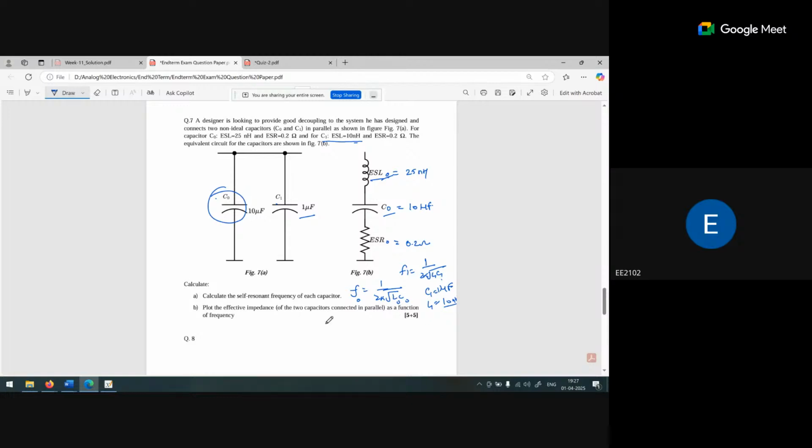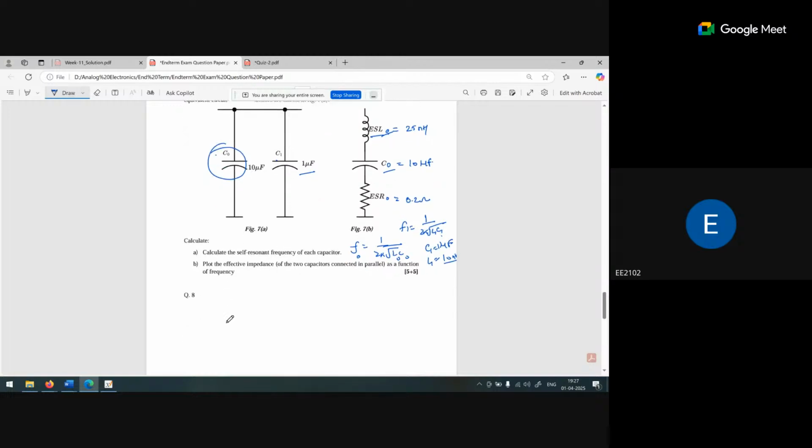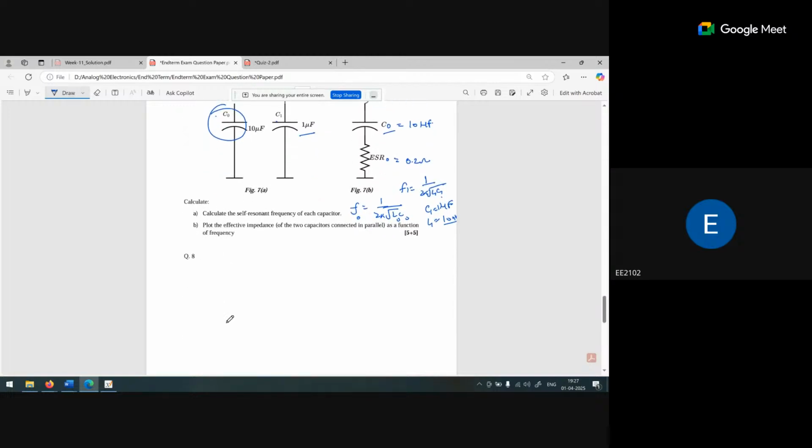Now plot the effective resonance of the two capacitors connected in parallel as a function of frequency. Now you have to plot a curve. For example, F0 is 10 kilohertz, and with respect to F1 you are getting 20 kilohertz. For example.